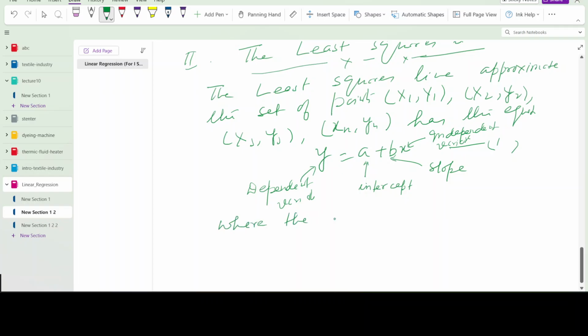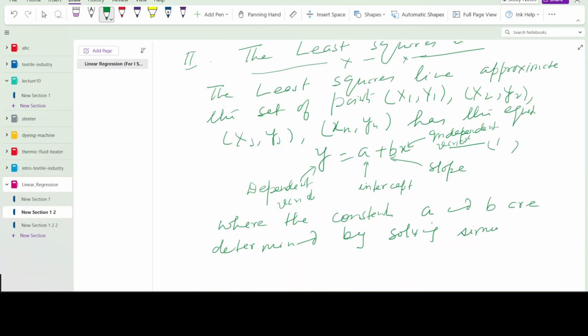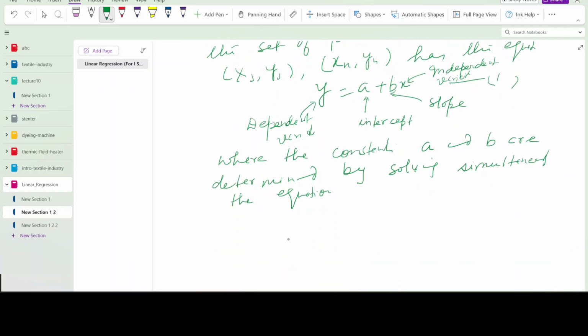Where the constants a and b are determined by solving simultaneously the equations sigma y is equal to an plus b sigma x and sigma xy is equal to a sigma x plus b sigma x square.